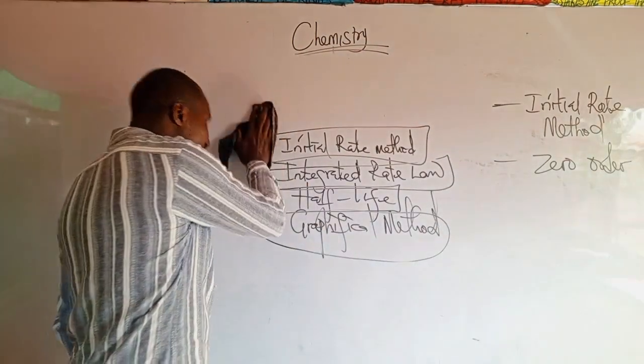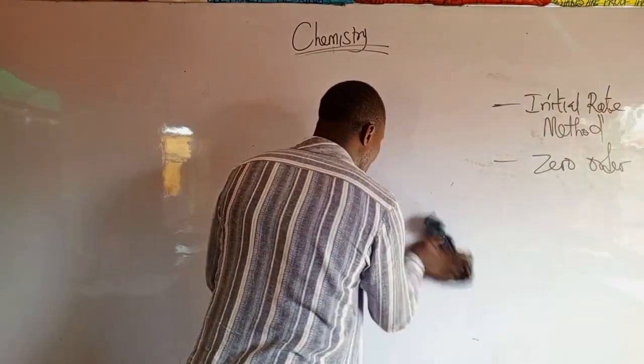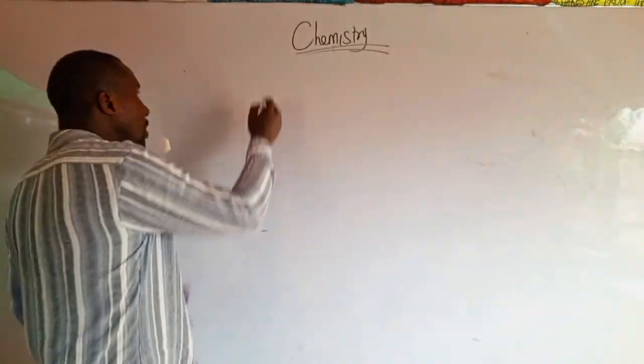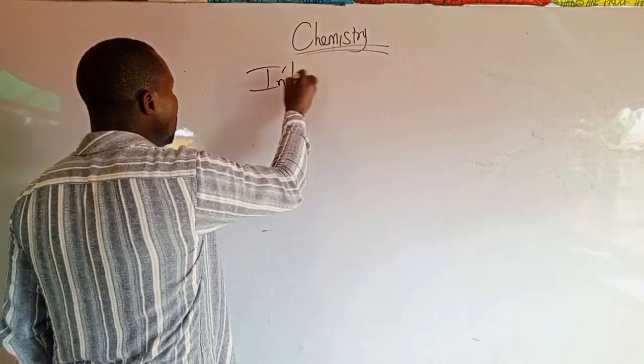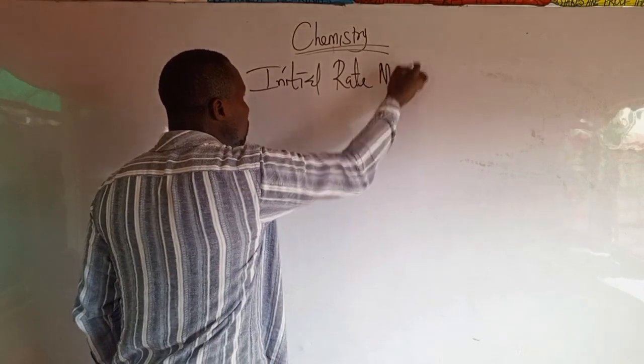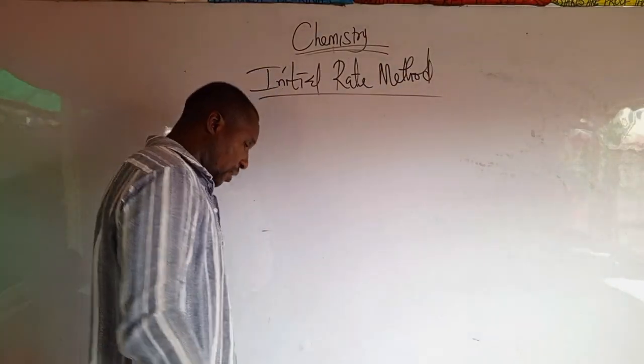Then let's move, class. Let's go. Initial rate method on how to determine order of reaction.